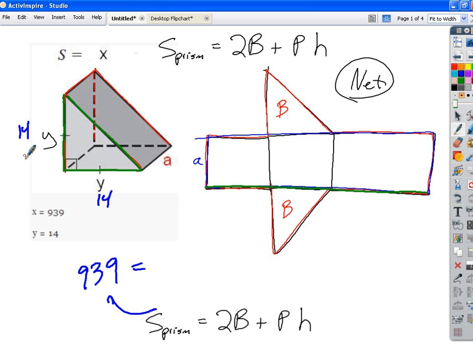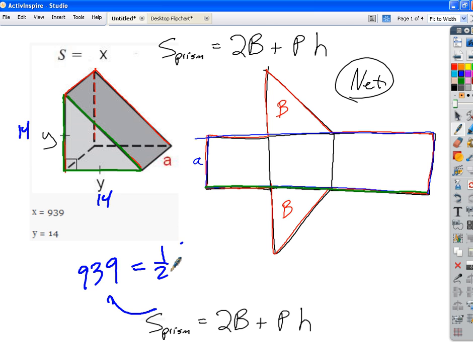So if I'm looking at the green triangle up here, what's the base of the green triangle? Now remember, we're talking about the base of the triangle, not the prism, right? We're just trying to calculate the area of this triangle. So 1/2 of 14 times 14 is going to be the area of that triangle. Agreed?